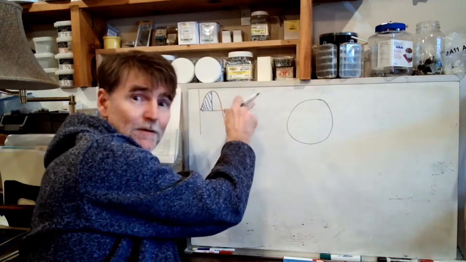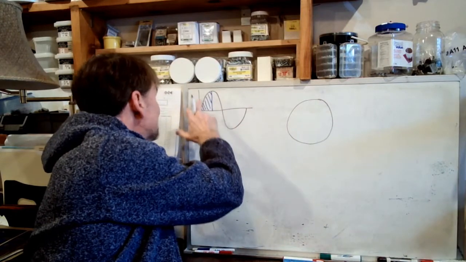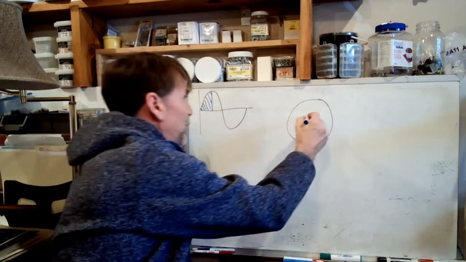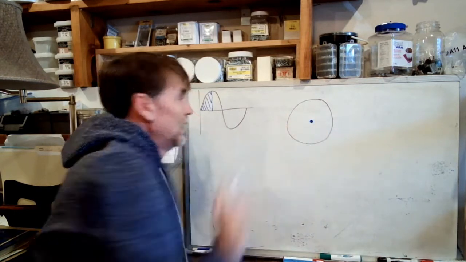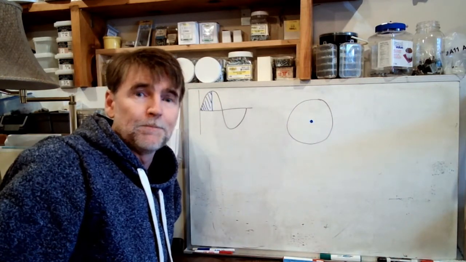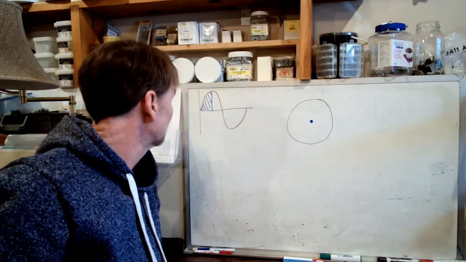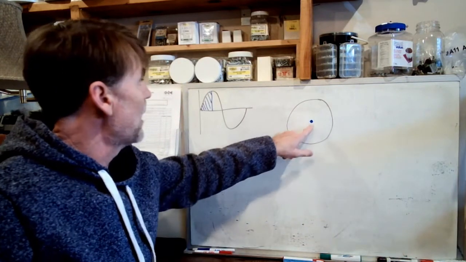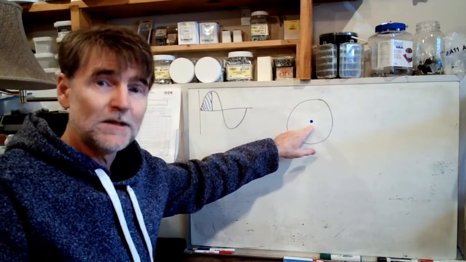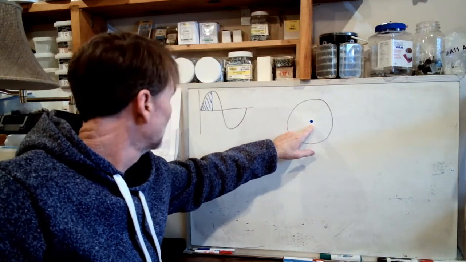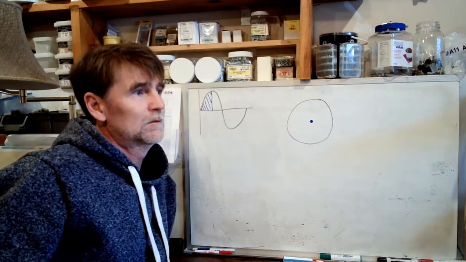Let's say, for the purpose of argument, that a positive voltage is going to push current out towards us. So there's the current coming out of the board towards us. That current is going to create a magnetic field.